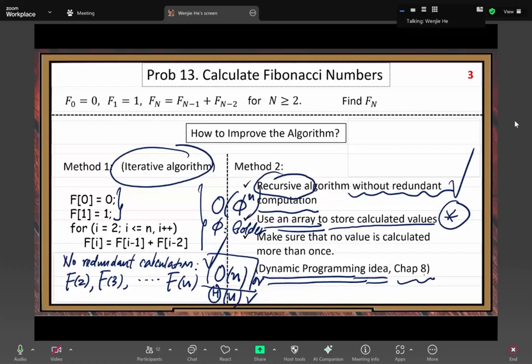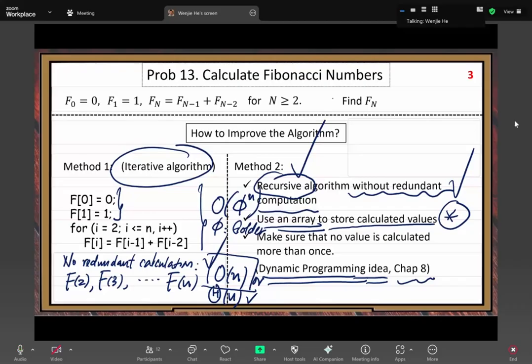But because it is so useful and important, here I give you a simple introduction. We will not go very deep, but I just give you a very simple introduction to this topic in our method number 2.